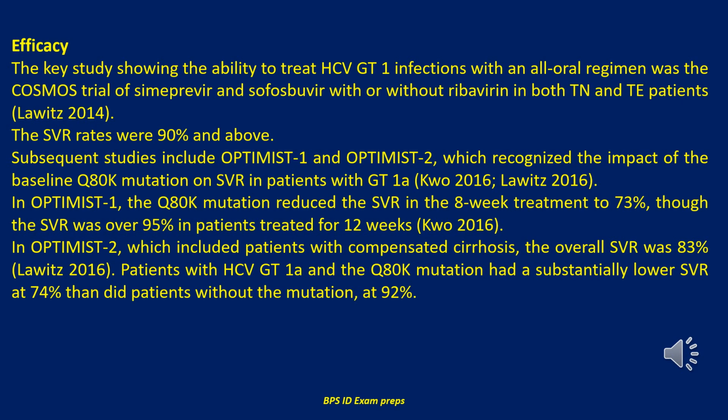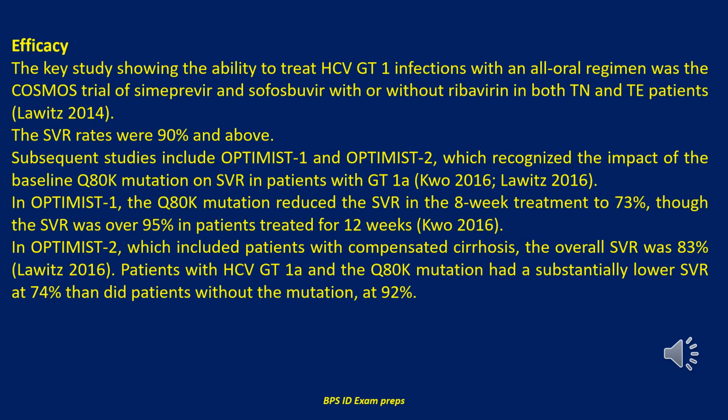In OPTIMIST-1, the Q80K mutation reduced the SVR in the 8-week treatment to 73%, though the SVR was over 95% in patients treated for 12 weeks, according to Kwo 2016. In OPTIMIST-2, which included patients with compensated cirrhosis, the overall SVR was 83%, according to Lawitz 2016.